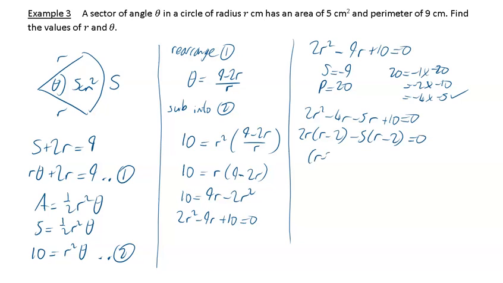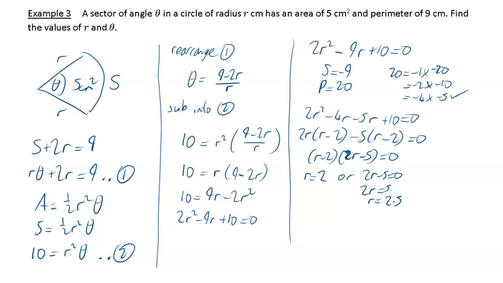So just write down your common bracket, which is r minus 2, and then write down the other one, which is 2r minus 5. So that means r minus 2 equals 0, which means r must be equal to 2, or 2r minus 5 equals 0, which means 2r equals 5, which means r is equal to 2.5.